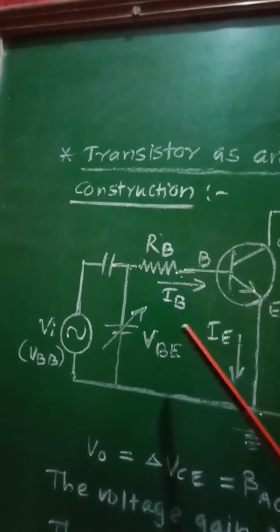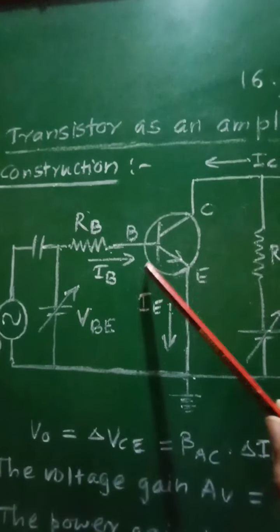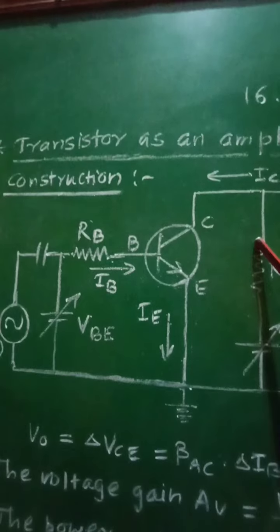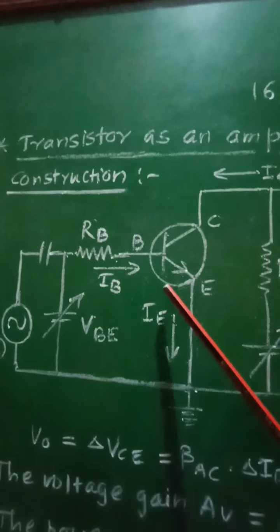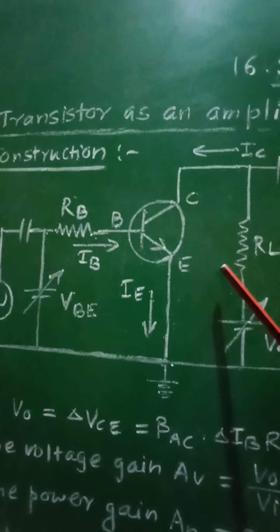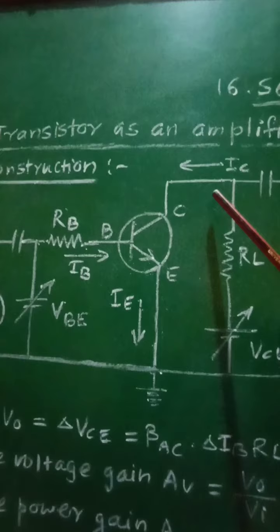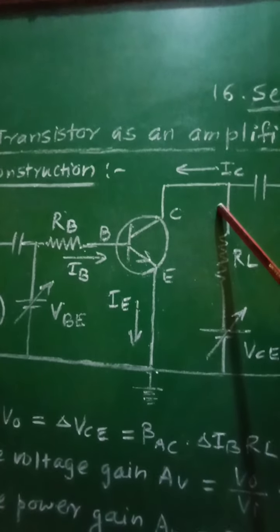Hence the base current as well as the collector current will have sinusoidal variations, that is variations in the form of a sine wave will take place in the base current as well as the collector current.